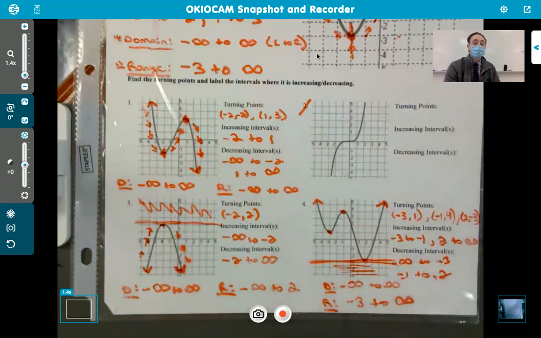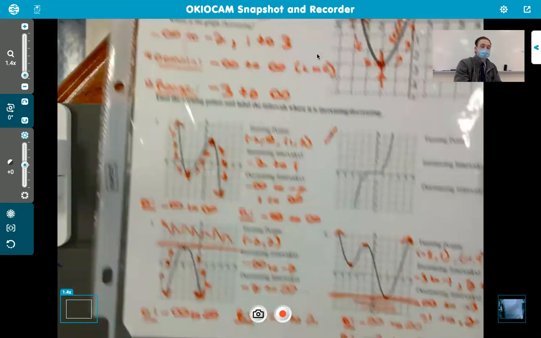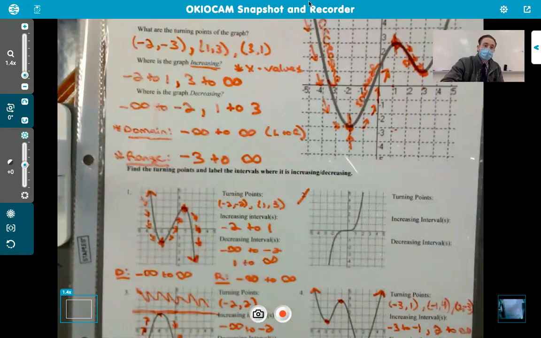That's going to be my range. Okay. Any questions for me about anything that we covered today with turning points, increasing, decreasing, domain, or range? Okay.